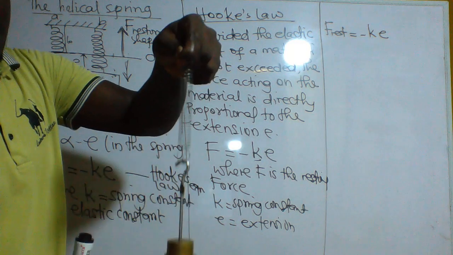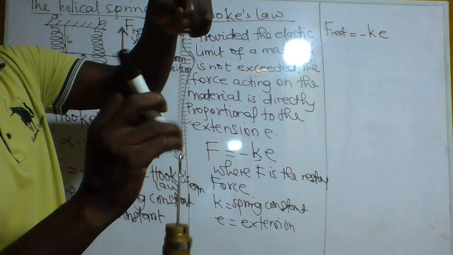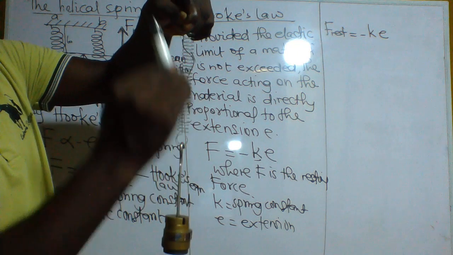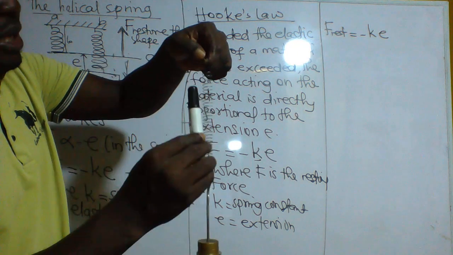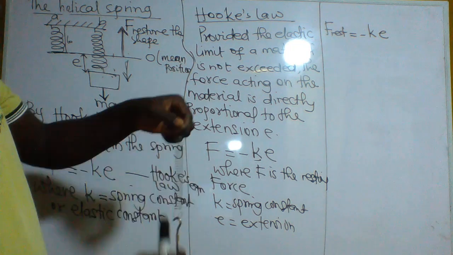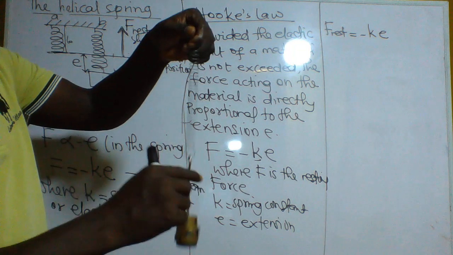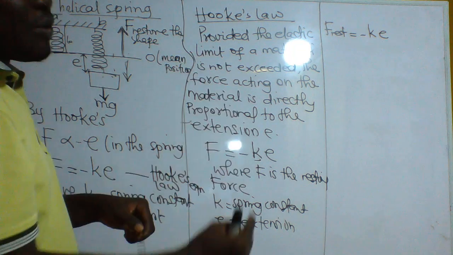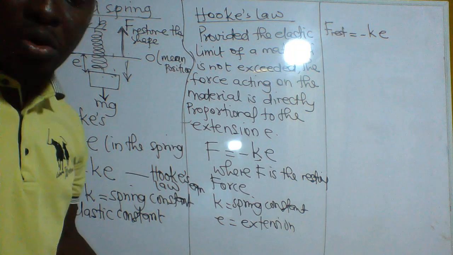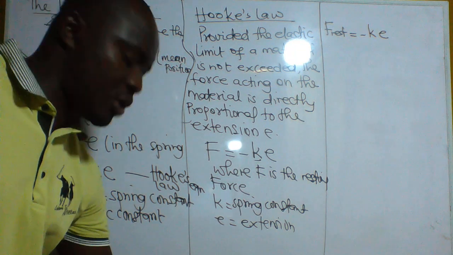The extension is in a downward direction. The restoring force acts oppositely to it around the equilibrium point O. So the oscillation of the body or of the mass is caused by the restoring force. That is the net force acting on the mass.